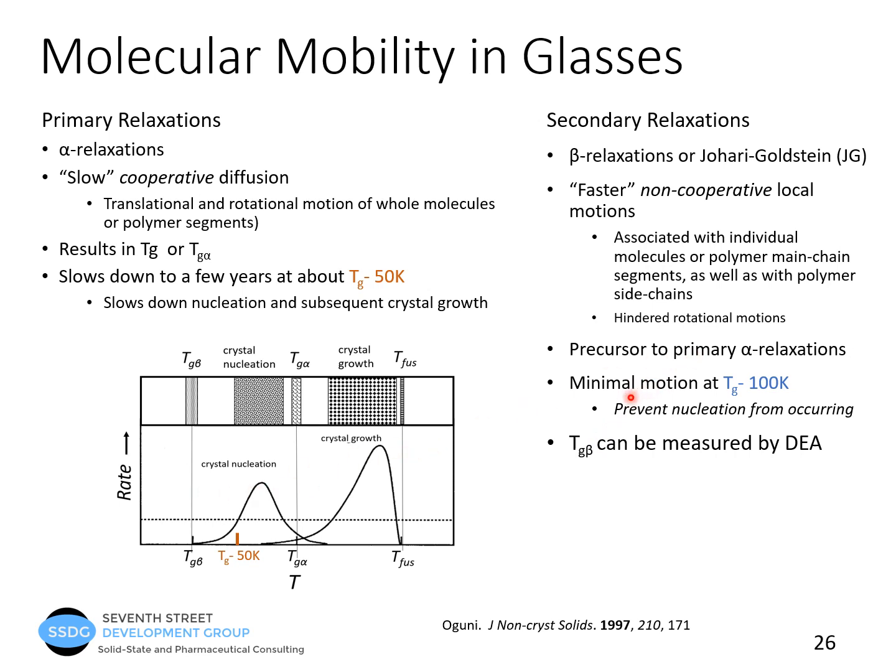Now, if we want minimal motion, then we want to store things at Tg minus 100. If we store at Tg minus 100, that's an indication of what we call Tg beta. And Tg beta at this temperature will prevent nucleation from occurring. If we have no nucleation, then we're not going to have any crystal growth as we continue to higher temperatures.